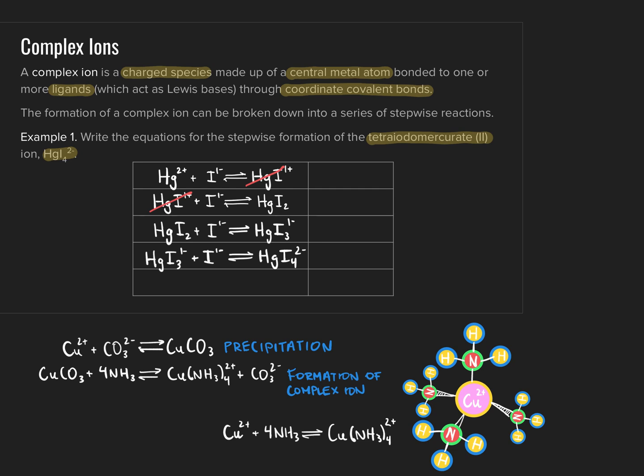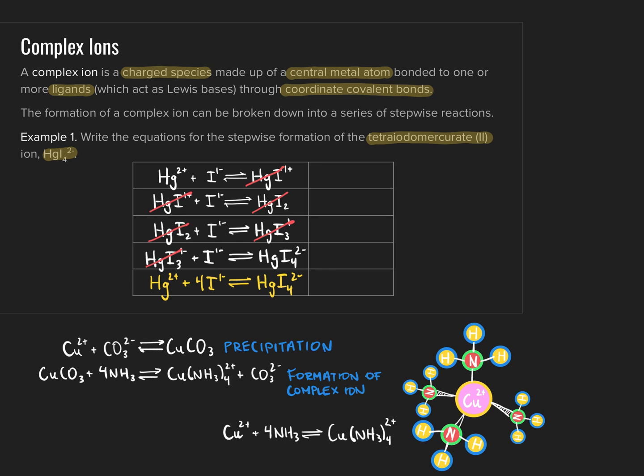And you notice I can cancel out my other intermediate species of HgI2, as well as HgI3-. And as such, if I sum those four reactions together, canceling out those intermediate species, the overall reaction that takes place here is Hg2+ plus 4 I- ions reacting together to form that complex ion HgI4 with a 2- charge overall.